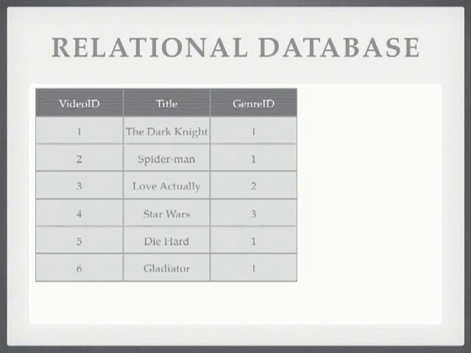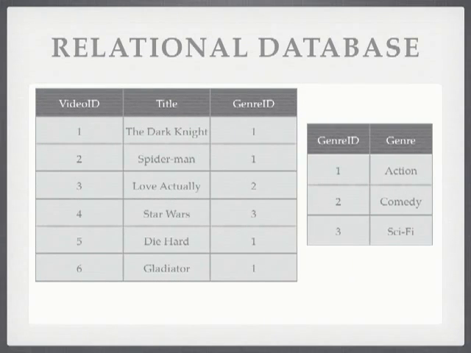However, if I take that out and put it in its own table, you can see that I've only got 3 different genres, and then I relate using the primary key in my genre table to the movie table. That becomes then a foreign key, which we'll talk about just in a sec. It becomes a foreign key in our film table, and then we relate those together. So you can see we've got a one-to-many relationship.